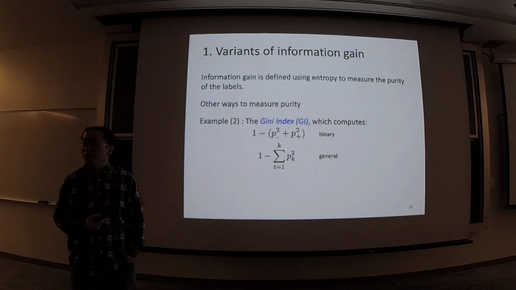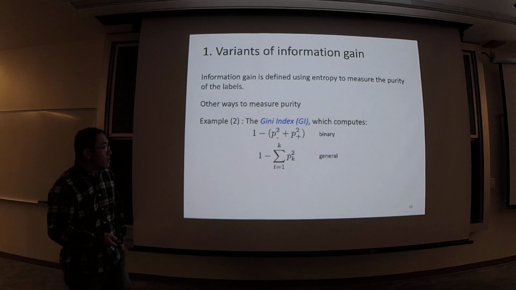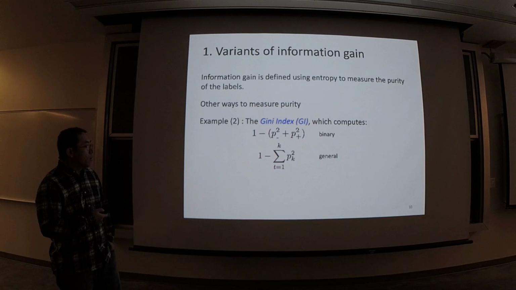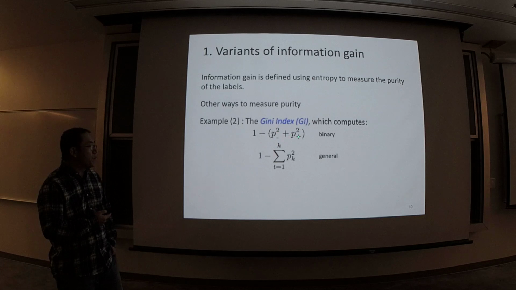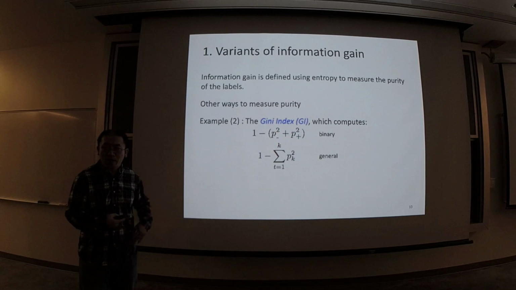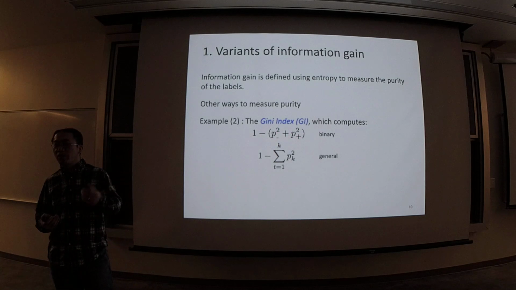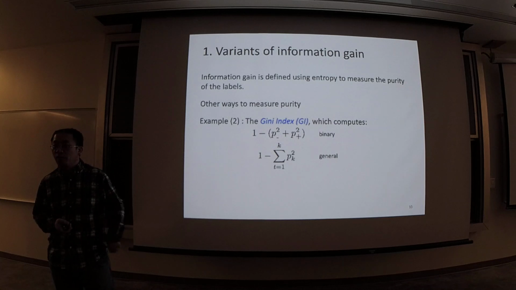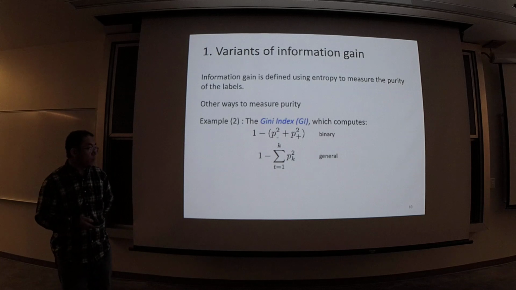Suppose we have two labels in our data set. The Gini Index is defined as 1 minus (p minus squared plus p plus squared), where p plus and p minus are the proportions of positive and negative labels respectively. We defined them before.